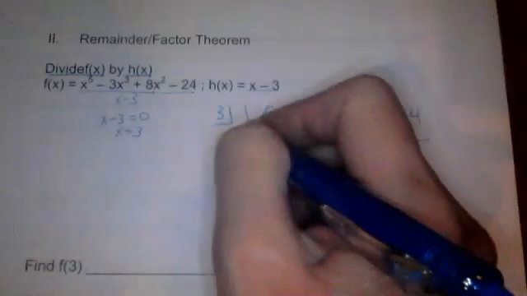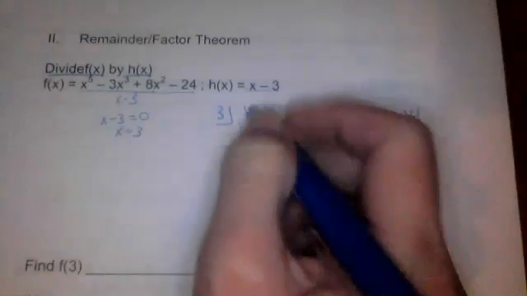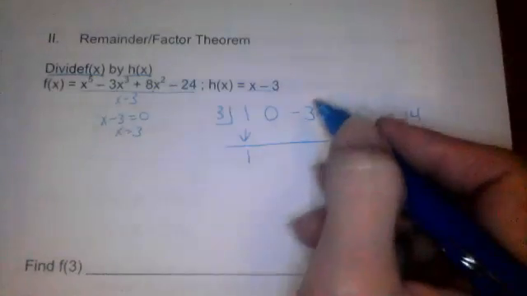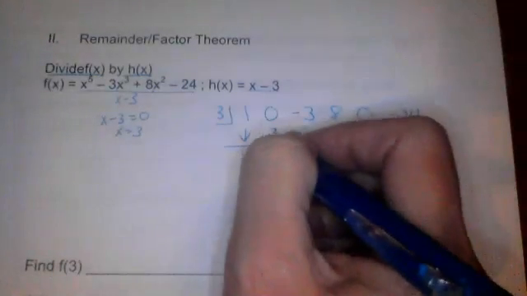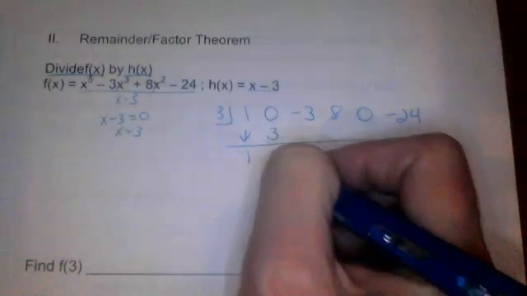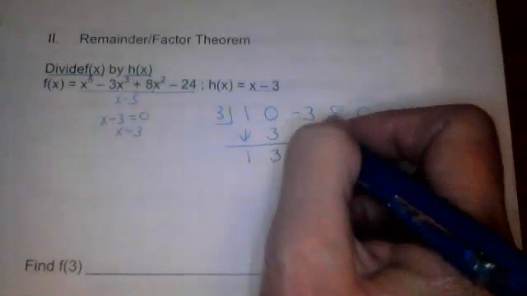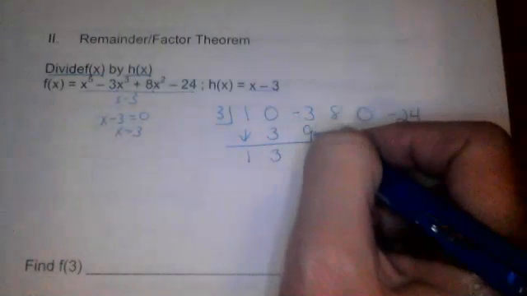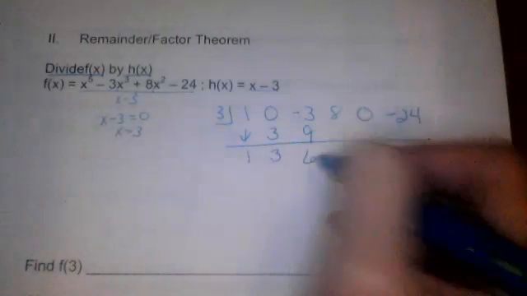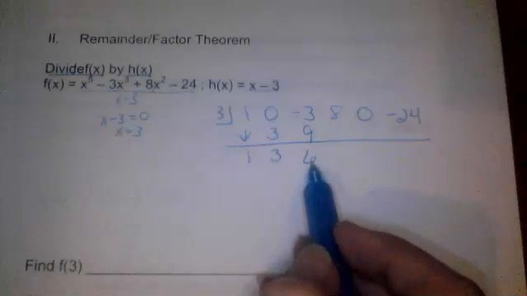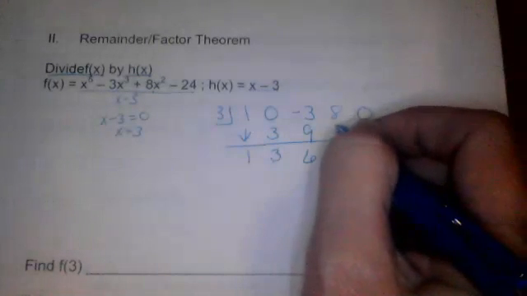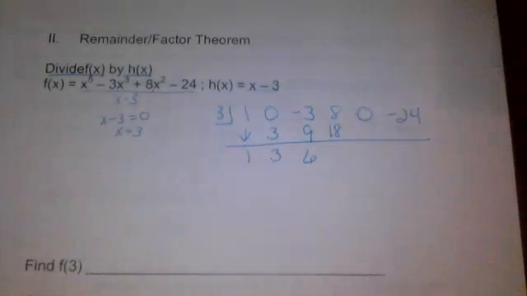And we're going to bring down the first number. So we bring it straight down. We multiply times the box. 1 times 3 is 3. And we add. We get 3. Then we multiply again. 3 times 3 is 9. Negative 3 plus 9 would be 6. Multiply times the box. 6 times 3 is 18. So then we're going to add 18 plus 8 is 26.